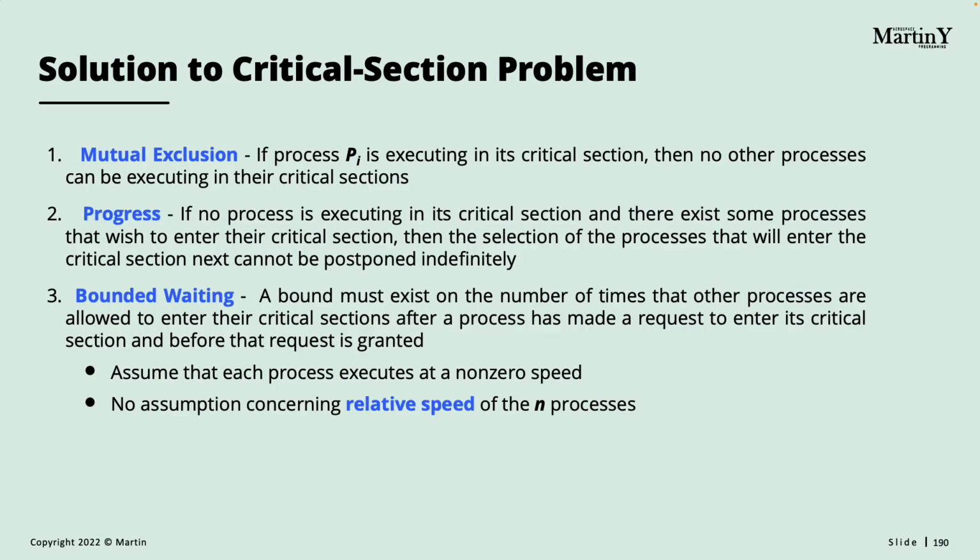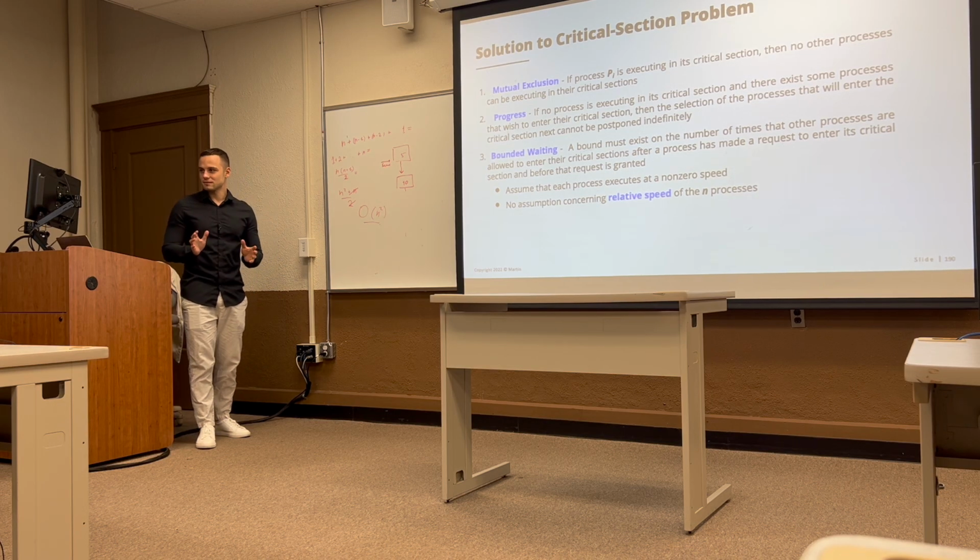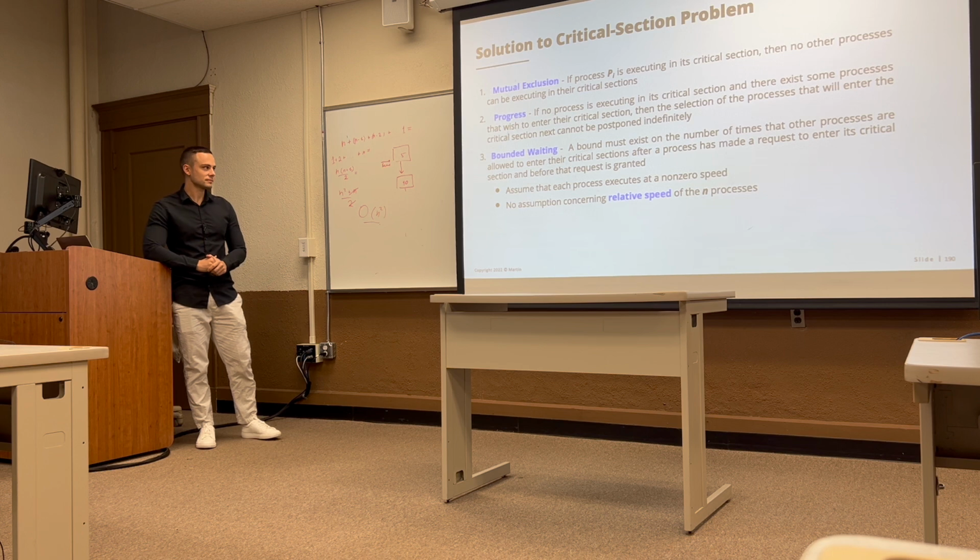In simple words, we need to make sure that there is no process that stays in its critical section indefinitely. So there is no process that can take the memory forever and never release it.